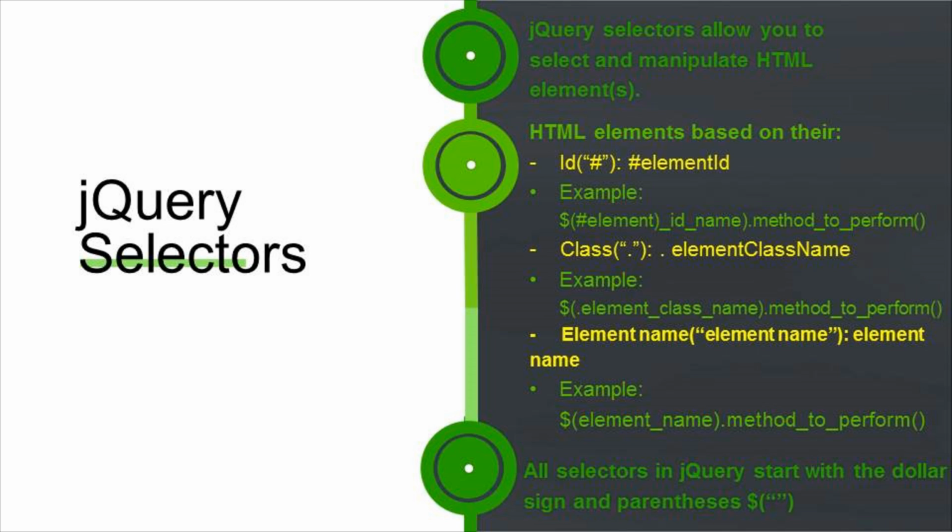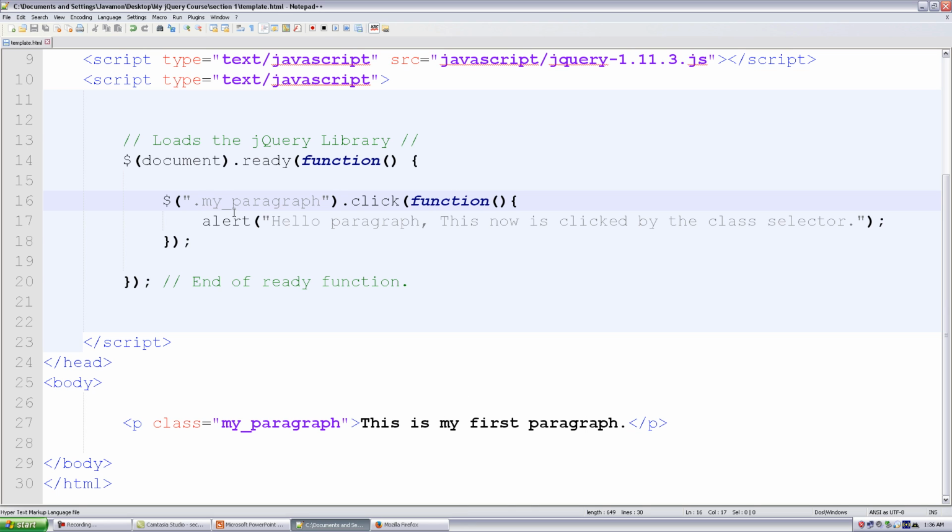So if we go back to my PowerPoint, let's do an overall in general class element selector. So with this, the element name is just the element name inside the double quotation marks. So for example, let's go back to my source code and let's just do the paragraph element.